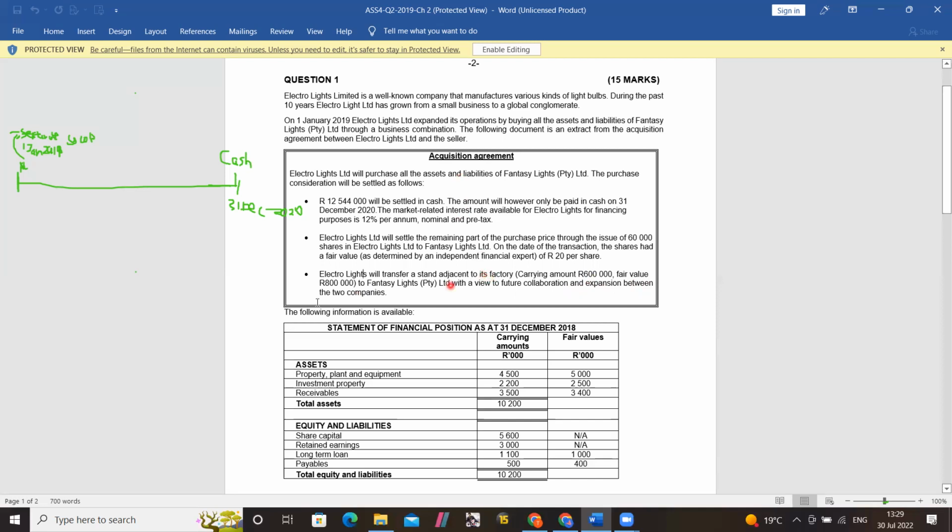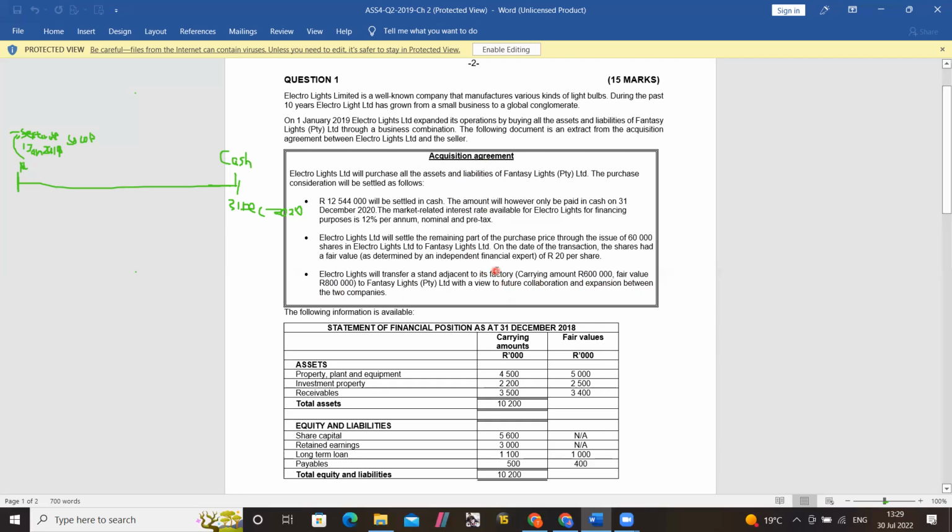So you're gonna say: PPE debit with 200,000, and then gain on fair value adjustment, you credit, because this is a fair value adjustment of 200,000. That's where you start, right?